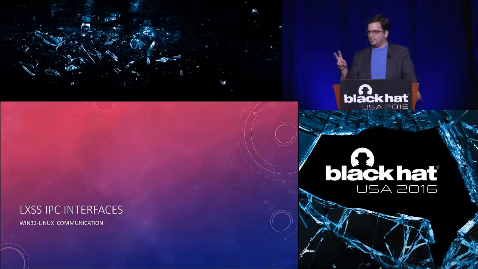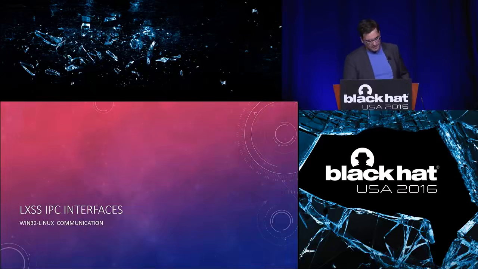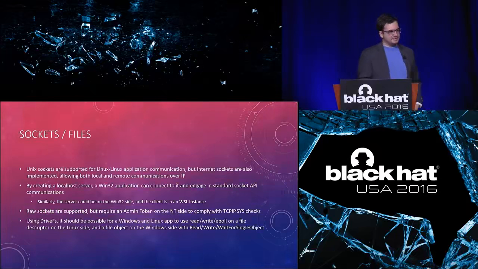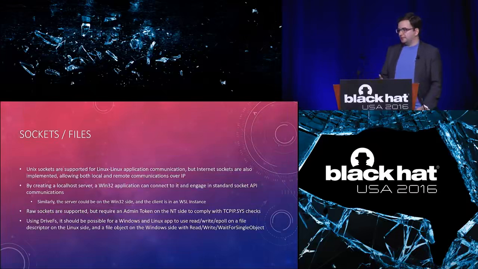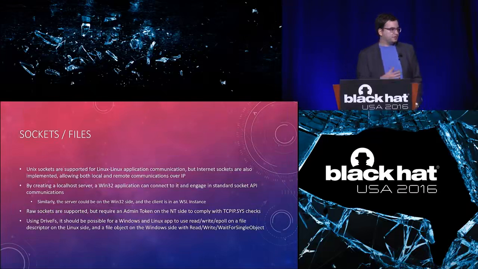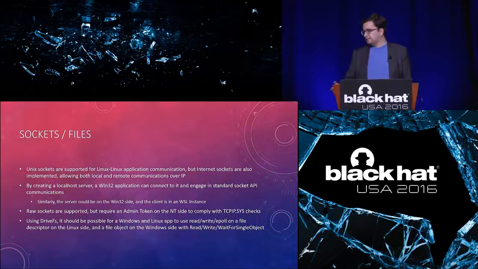So let's talk a little bit deeper about that IPC mechanism, how exactly a Windows app can talk to a Linux app, or vice versa. Now, of course, since you've got sockets and files in this environment, this is kind of the standard documented way. You can use Unix sockets to have Unix applications talk to each other. But if you want to talk to Windows, very simply, you have sockets. You can set up a server on localhost.